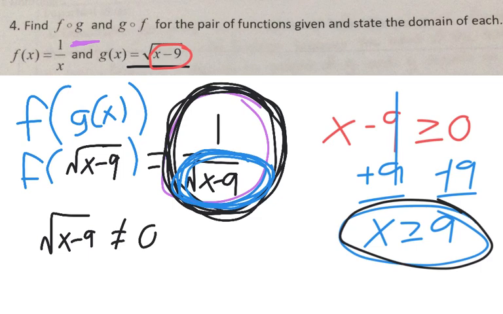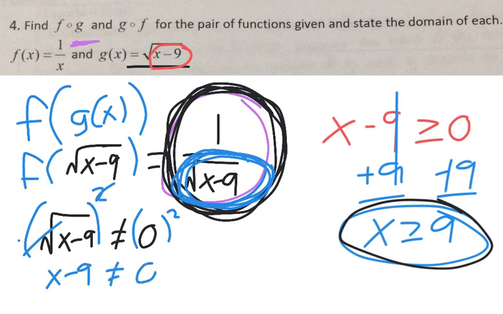So how could I solve this? Well, first there's a square root on both sides, so I would need to square both sides. When I square a square root, those cancel, and I'm left with x minus 9. 0 squared is 0. And then add 9.